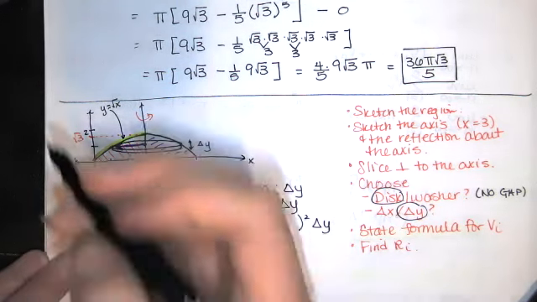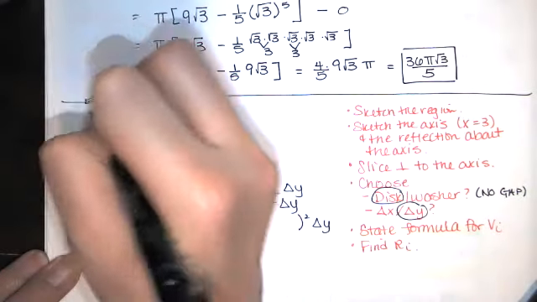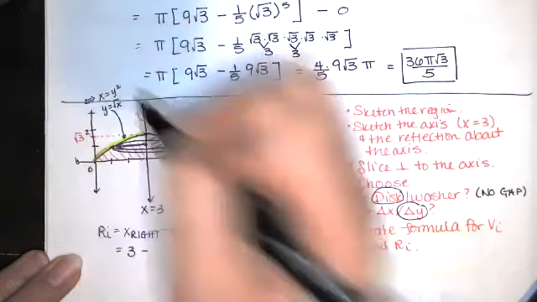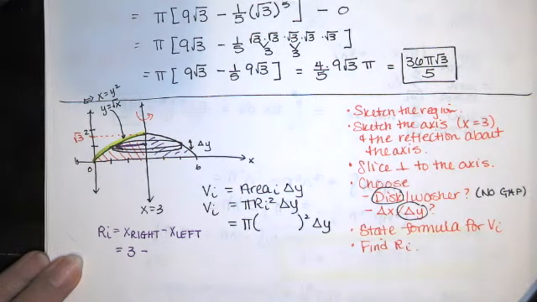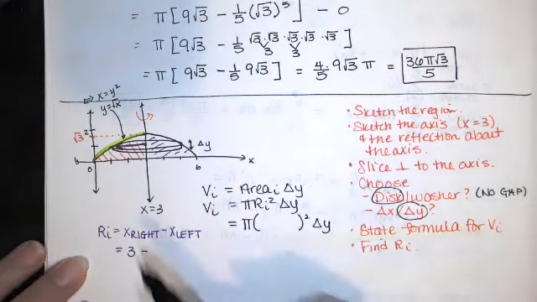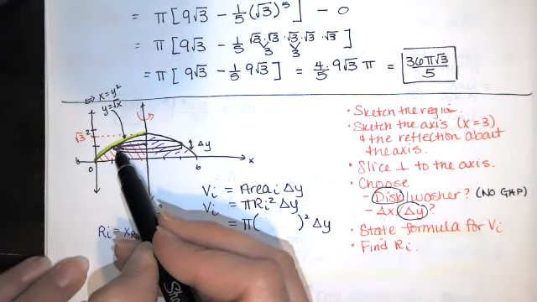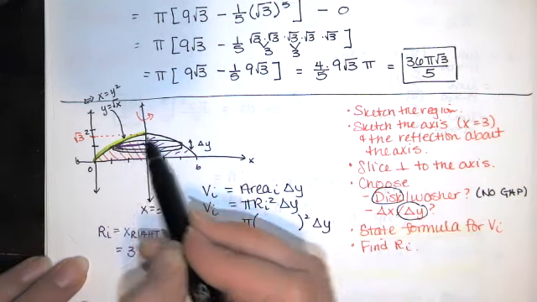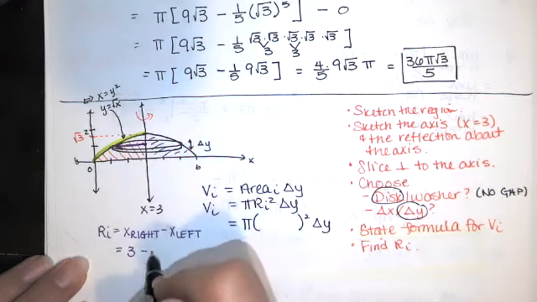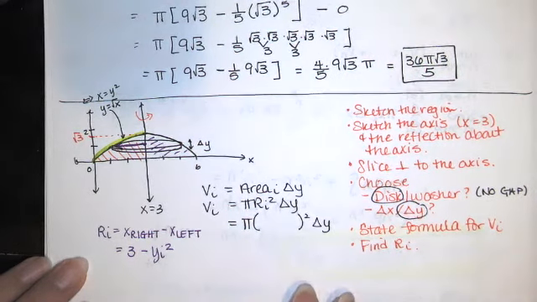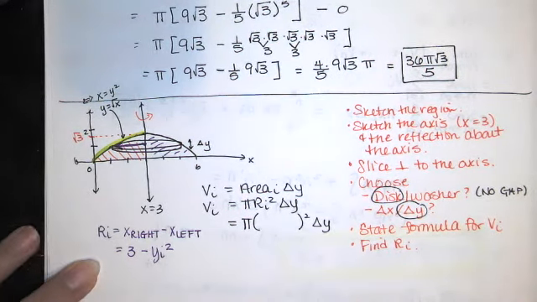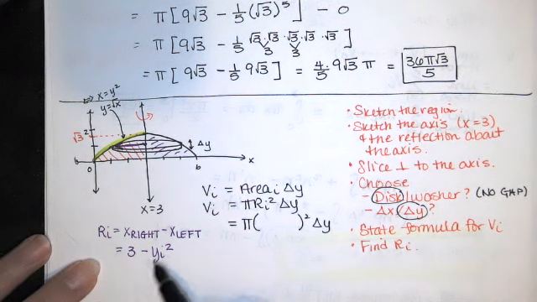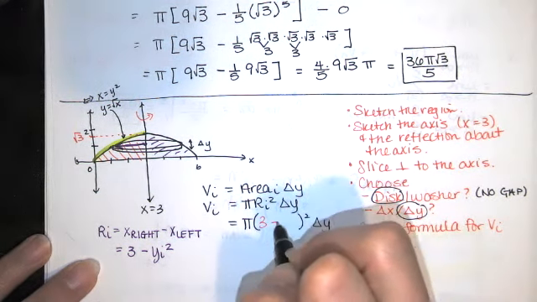When we're on the curve, y equals the square root of x. If we square both sides, we know that x is equal to y squared. So x on the right minus x on the left is 3 minus y squared. And if we're talking about the ith disk, that's 3 minus y sub i squared. So we substitute this in for our radius over here.